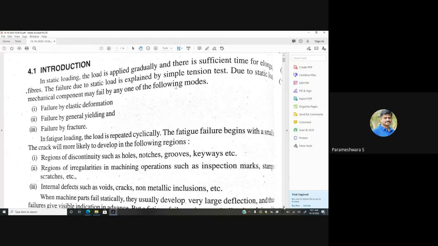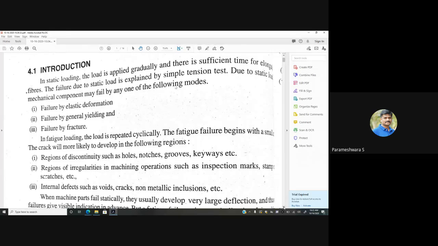So repeatedly, you have to apply bending moment, positive, negative, positive, negative. For a certain number of cycles, that wire breaks down. So that is called fatigue.